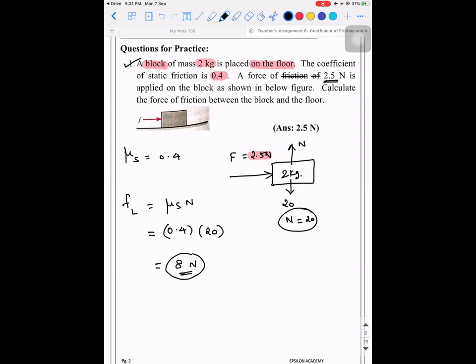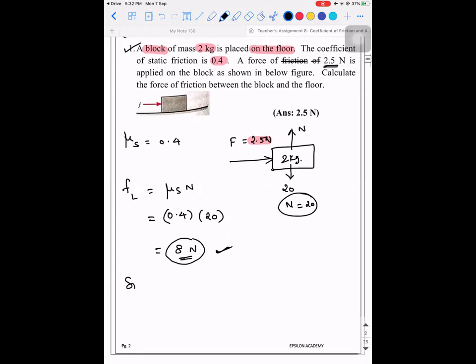So the most common mistake that happens is we put the answer as 8 Newton. But what will be the answer? Since, in this case, the applied force is less than the limiting friction. Accepted? Yes, sir.